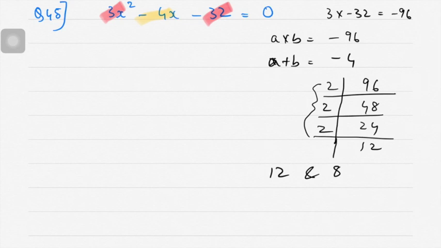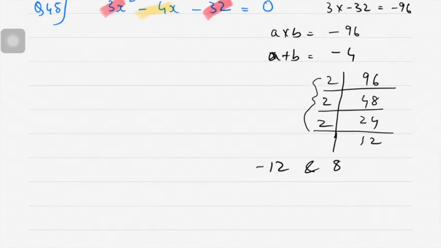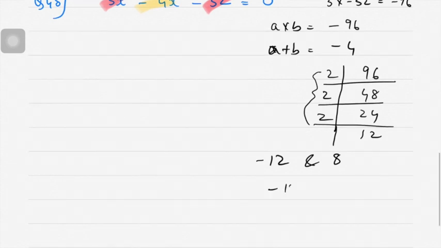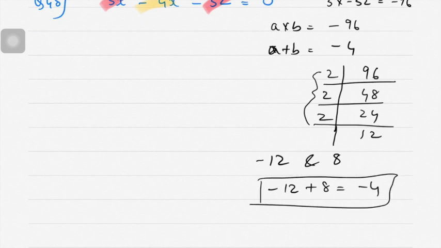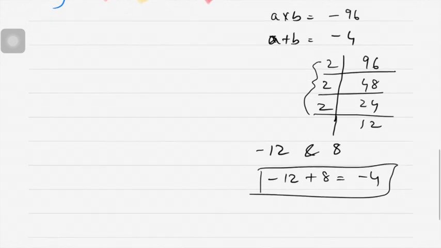So the factors are 12 and 8. But you want minus 96. So either 12 has to be minus 12 and 8, or 12 and minus 8. But the sum has to be minus 4. That means the bigger number is negative, correct? So minus 12 plus 8 is minus 4.